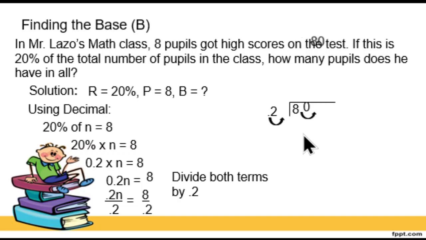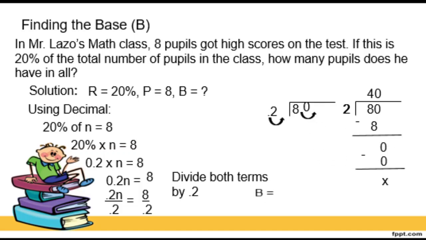So that becomes 80 divided by 2, and 8 divided by 2 is 4, and 4 times 2 is 8, and then subtract, that is 0. 0 divided by 2 is 0. So therefore, our n is equal to 40. So again, the base is 40. There are 40 pupils in the class.